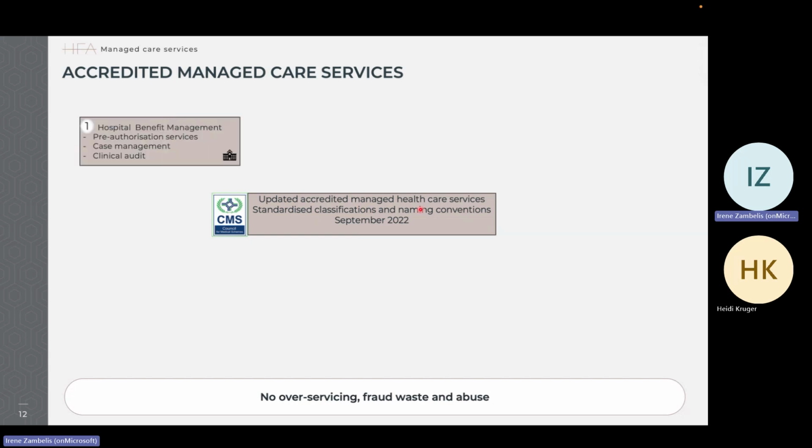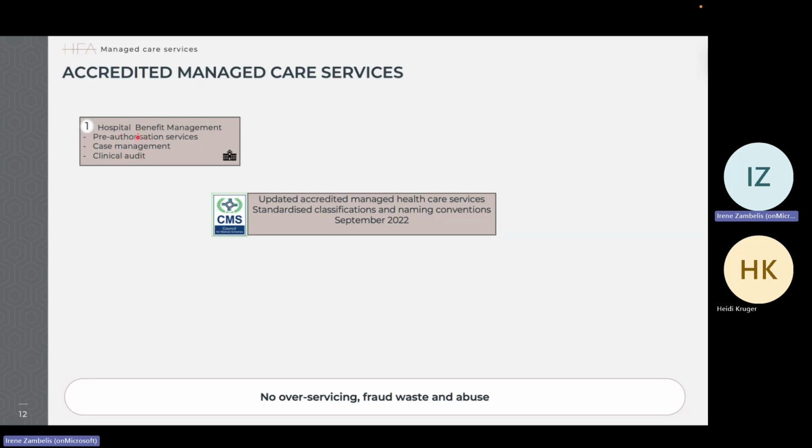But if we look at the categories of managed care services, it starts off with hospital benefit management. We all know that about 36 or 37% of healthcare expenditure goes to hospitals, which is the most expensive. There are different types of hospital benefit management services.